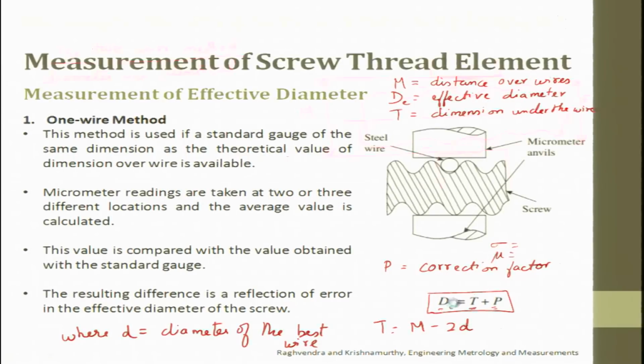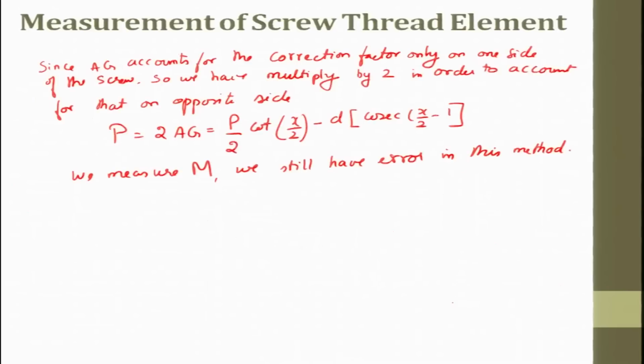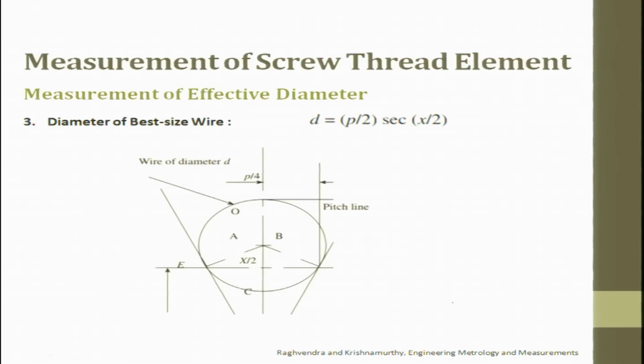This method also has an error. So, let us look at the best wire method. In the best wire method, we try to find out this D, the diameter of the wire, and we put the wire such that it comes in contact with the flank along the pitch line.